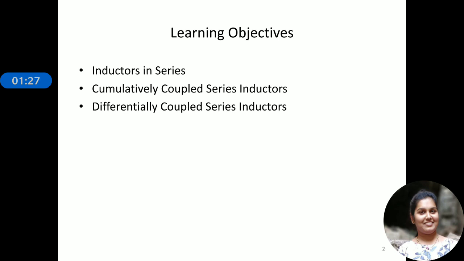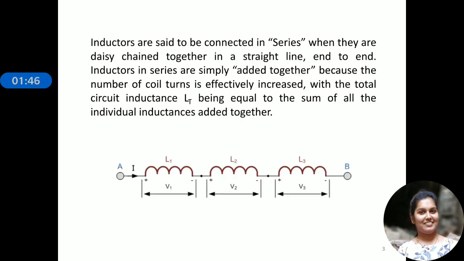That is, if the terminal edges are connected one after the other, we call it a series connection. This is what we discussed for resistors and capacitors. Now we'll see how inductors can be connected in series.